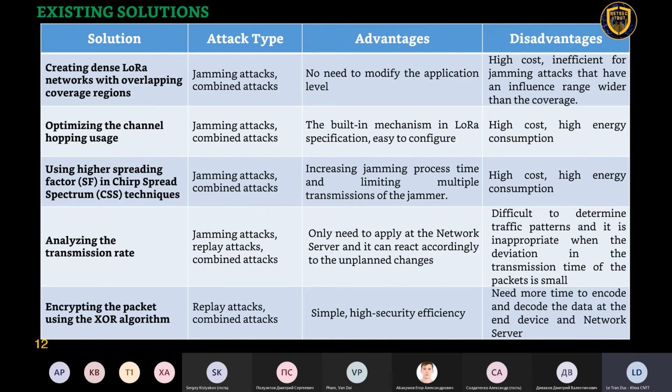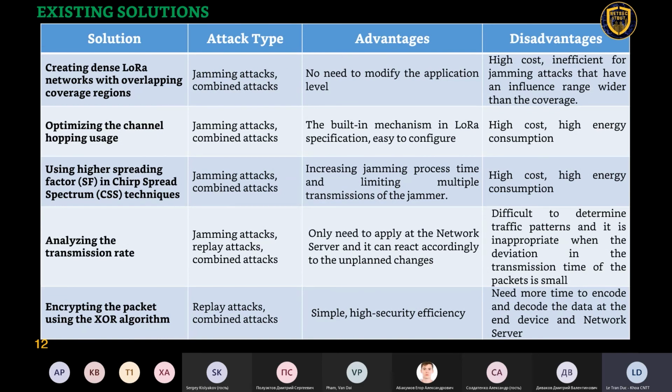And here I want to talk a little bit about the existing solutions. There are some solutions, for example, creating dense LoRa networks with overlapping coverage regions, optimizing the channel hopping usage, analyzing the transmission rate, etc. Those solutions have advantages and disadvantages.